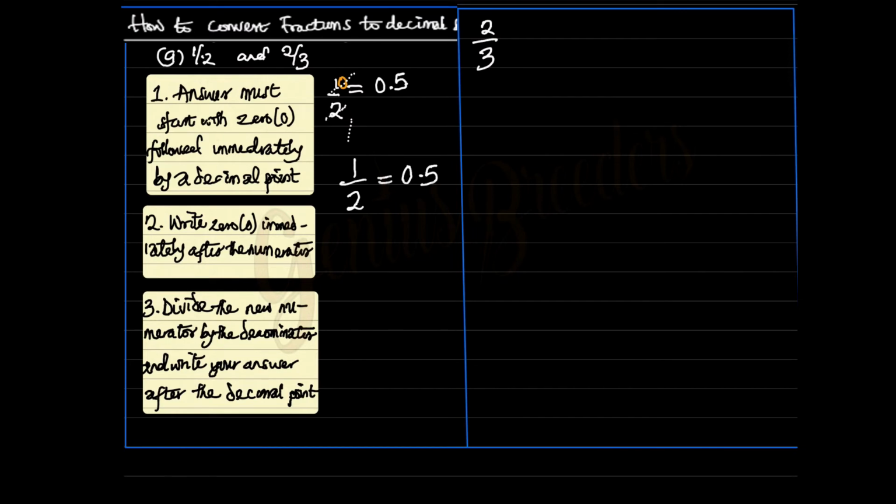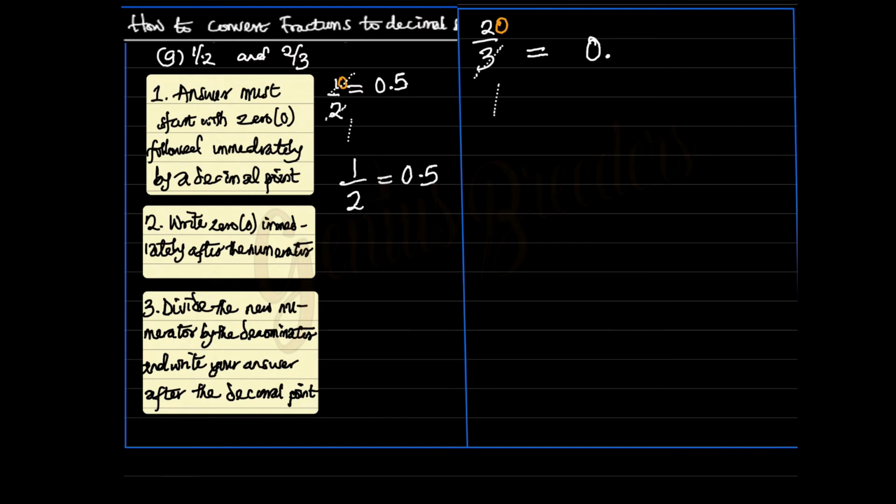The first step is that your answer definitely must be 0 point, which you've written. So step 2 is to write 0 immediately after the numerator. I'm going to write my 0 here to make the new numerator 20 and the denominator remains 3.